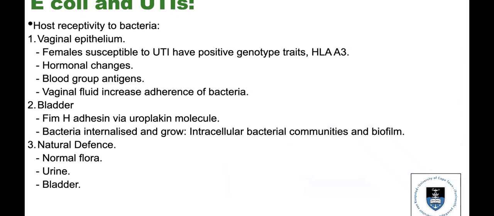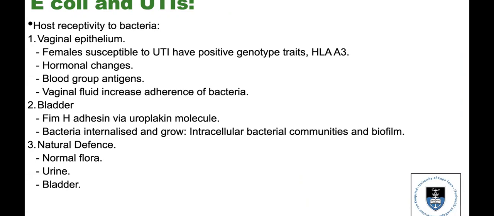In terms of the host, you have vaginal mucosa, which is susceptible to urinary tract infections. It's been found that there are some familial genetic traits that could put patients at risk of UTIs. Hormonal changes: it's been noted that decreased estrogen can increase your risk of recurrent UTIs.